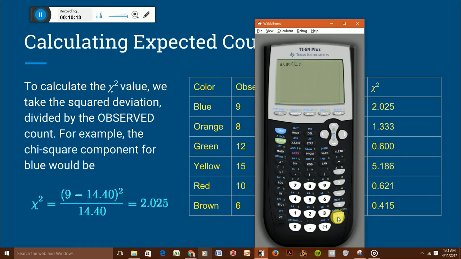Adding up all of these numbers gives us our chi-square statistic that we will use to make our decision about whether or not we have any type of statistical significance. So for this chi-square test, we have a test statistic of 10.18. All right, and we're going to talk about that in a second.